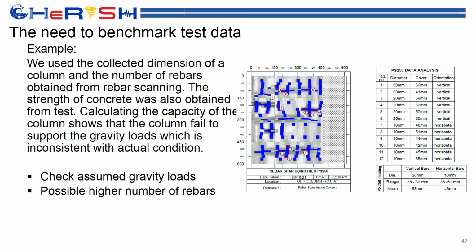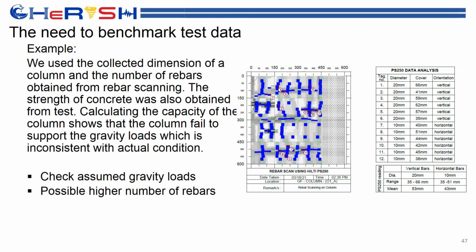Okay, so we use this information. For example, we have 820 mm diameter. We took the capacity and compared it with the demand, it failed, no? Which is not consistent because the existing structure is standing. So that's the purpose of benchmarking.